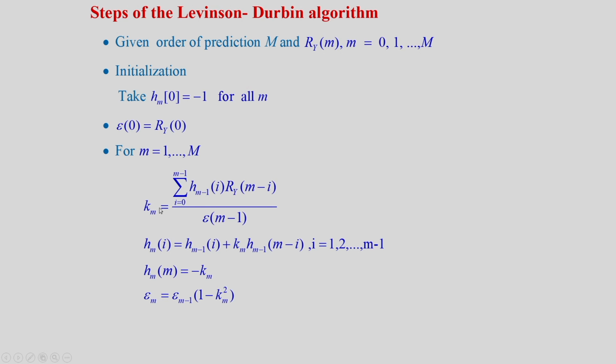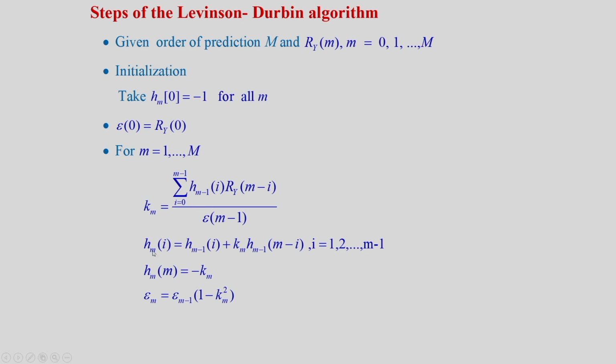First, we determine Km by this relationship. This Km, the reflection coefficient of order m, is determined from the m minus 1th order filter coefficients and the m minus 1 order estimation error.